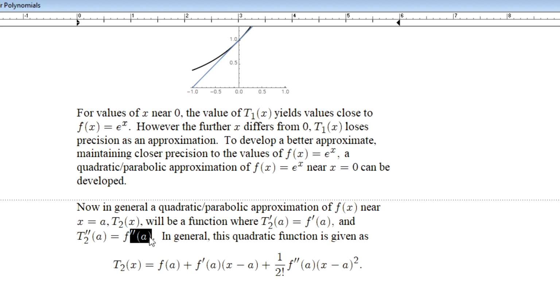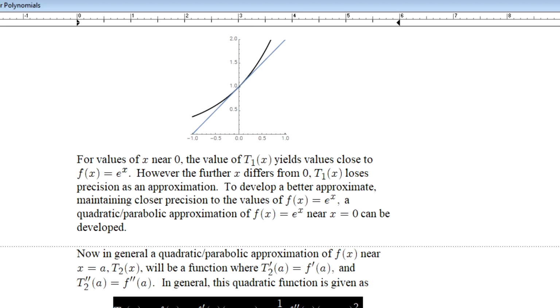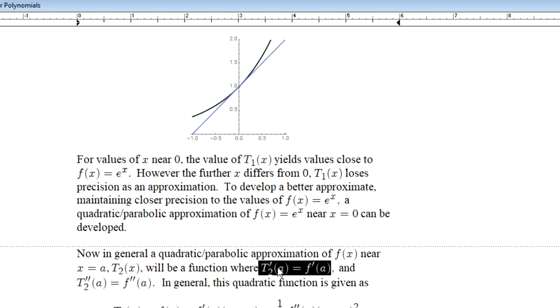What we end up developing is an approximation given down below, where what's unique is not only that the slope of the line is equivalent to the slope at this point on our curve, but we're going to see the concavity of the parabola match the concavity of the curve at this point. We will see not only a slope match up, but a concavity match up.